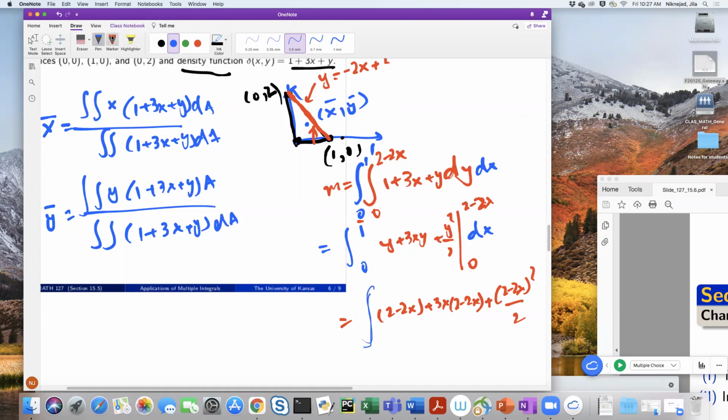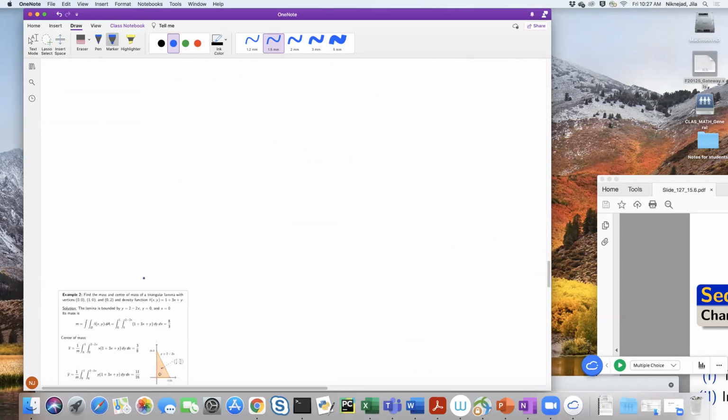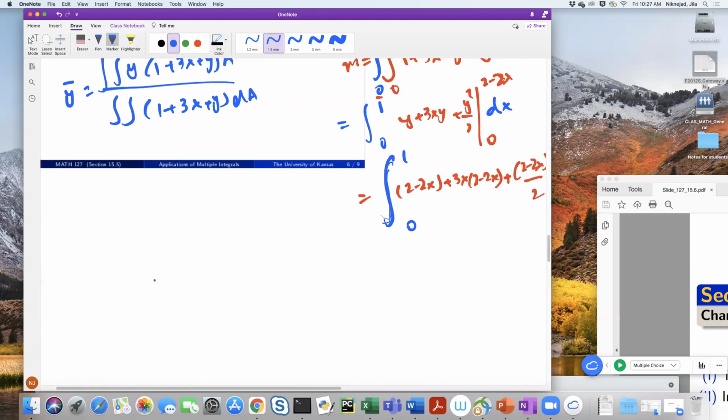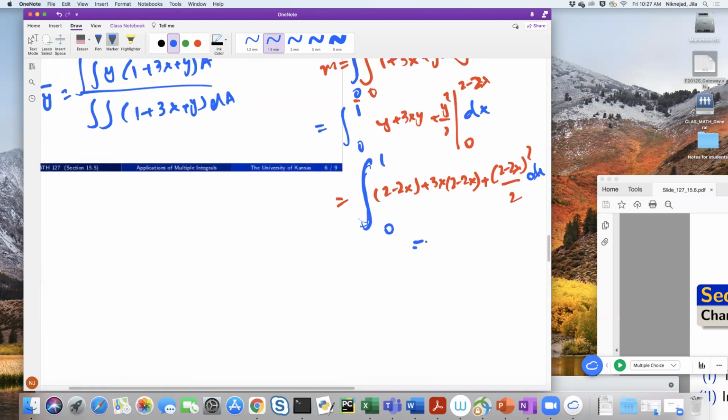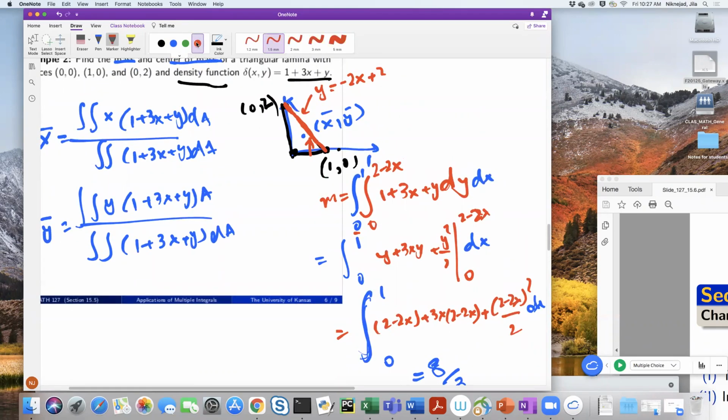When I plug in 0, it's basically all 0. Now I'm cheating because I don't want to calculate that. That's a lot of algebra. It's 8/3. So now the denominator for both of these is 8/3.